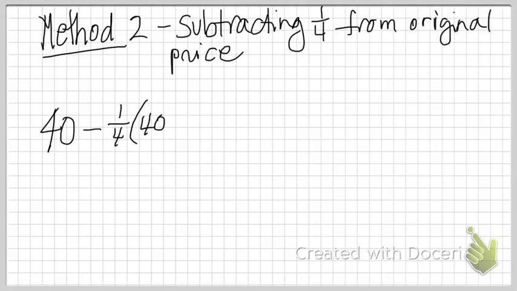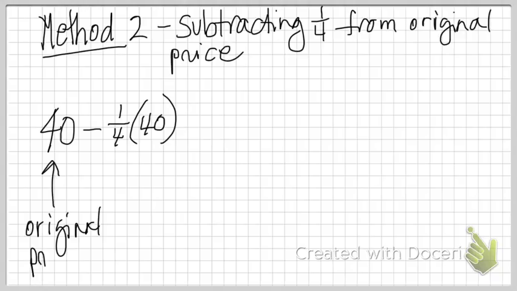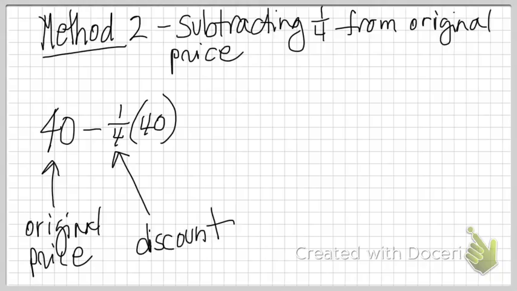Here we have our original price, and then here we have our discount, and our discount is always going to be some fraction or some percent of that original price, so the original price is taken into account here as well.